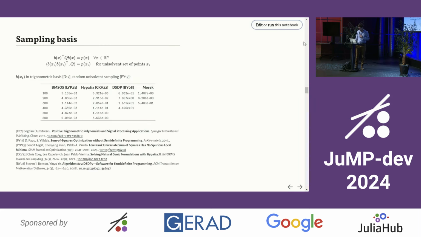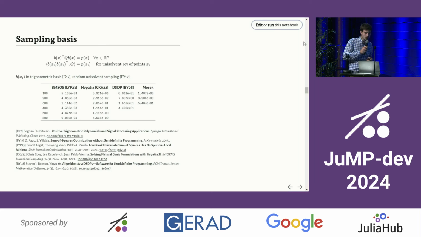Okay, then another important thing you should do in sum of squares once you start considering other bases is the sampling basis. So the idea can be understood in these two lines. What we are trying to do is encode this equality, right?